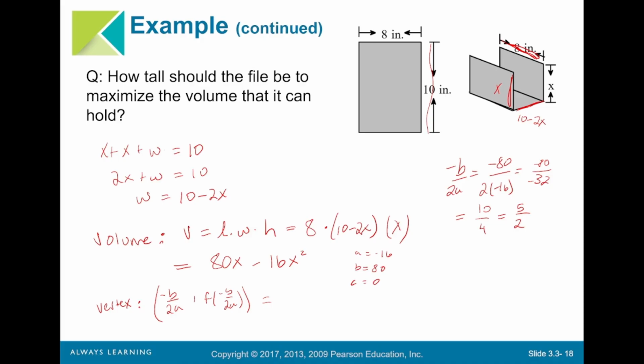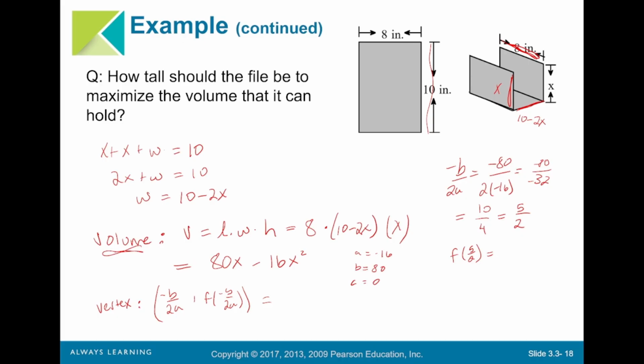Yeah, just checking my work here. So negative b over 2a is 5 over 2, which now we need to look at what is f of 5 over 2. F of 5 over 2 is coming from our volume function. Remember what we're actually trying to find the max of.